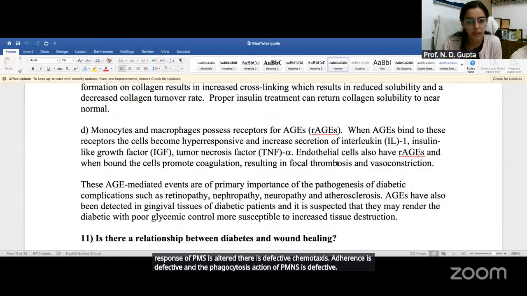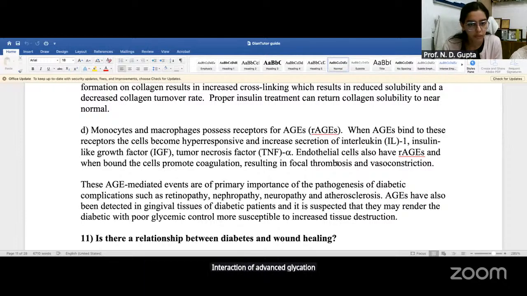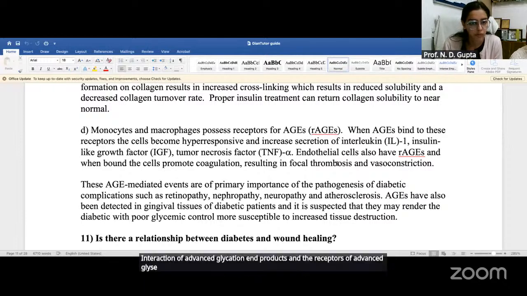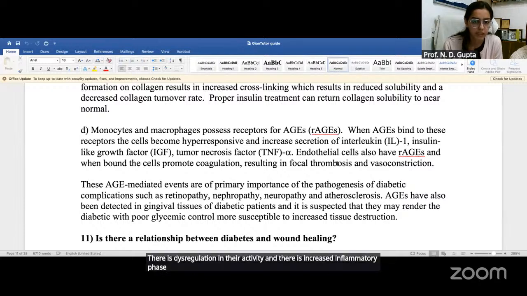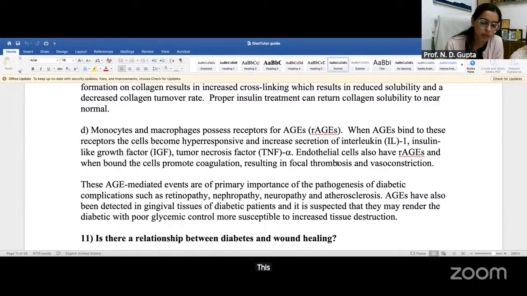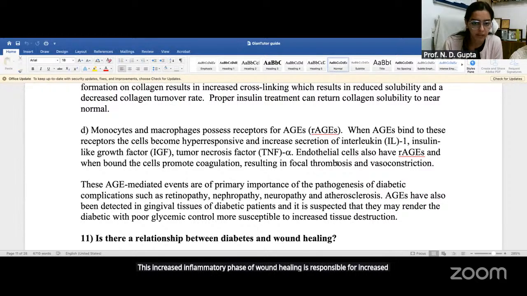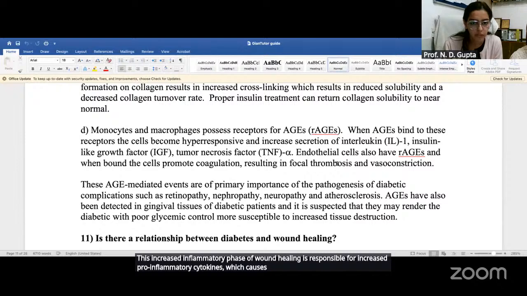Because of interaction of advanced glycation end products and their receptors on monocytes and macrophages, there is dysregulation in their activity, and there is an increased inflammatory phase of wound healing. This is responsible for increased pro-inflammatory cytokines, which cause more destruction, and hence delay the wound healing.